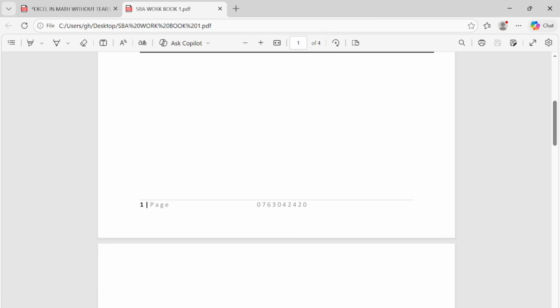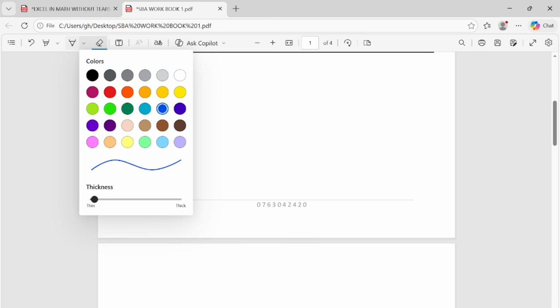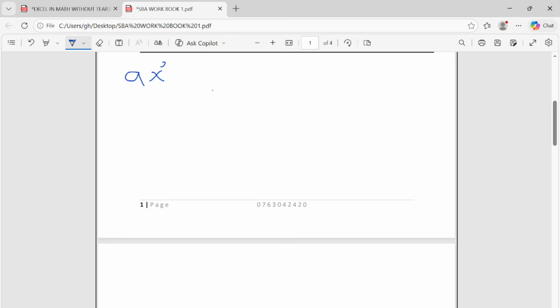Let me try to show it. So we are having x squared plus bx plus c is equal to 0.